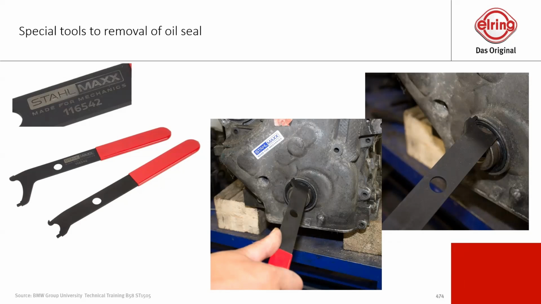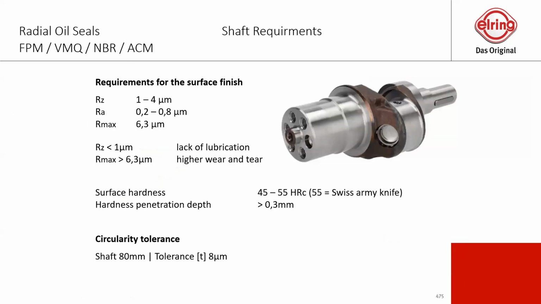Before, there were sometimes also some questions about the requirements of the shafts, so this is also what I want to mention to you. The roughness recommended on a shaft, the hardening, but also the tolerance, how many millimeters of tolerance an oil seal can work with on average.